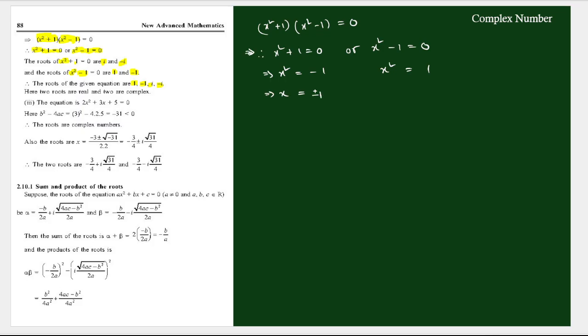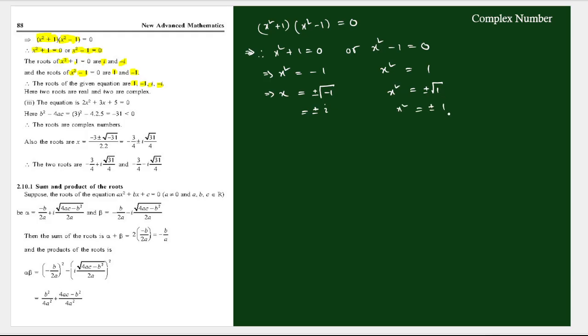Now x will be plus minus root of minus 1. Here x square will be plus minus root of 1. Now root of minus 1 is what? i. So plus minus i. And root of 1 is what? 1.